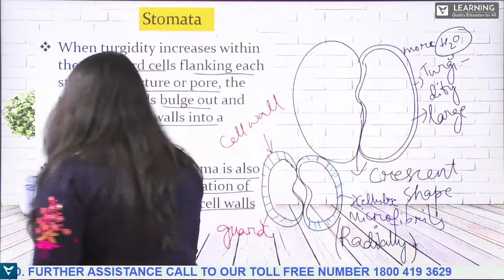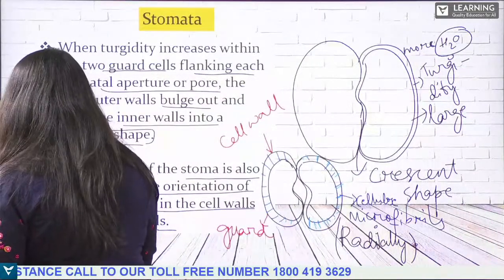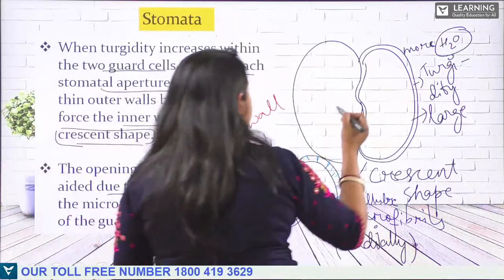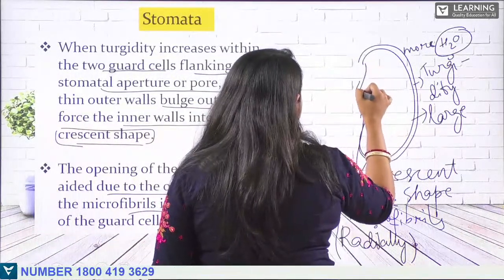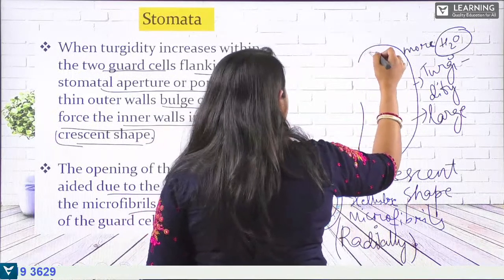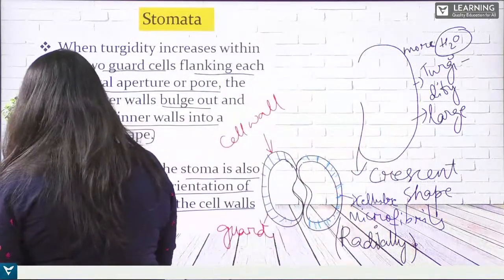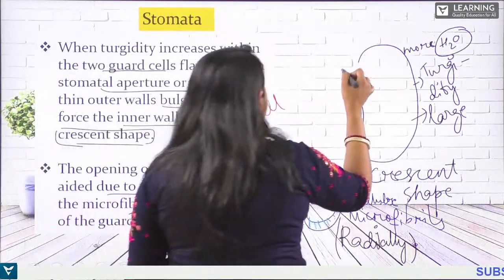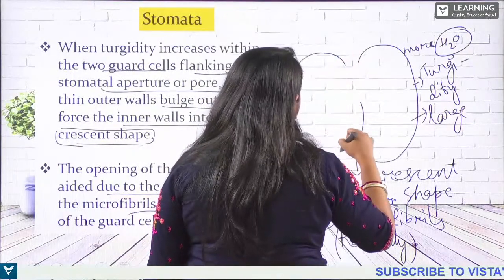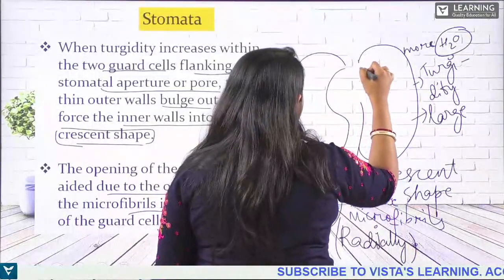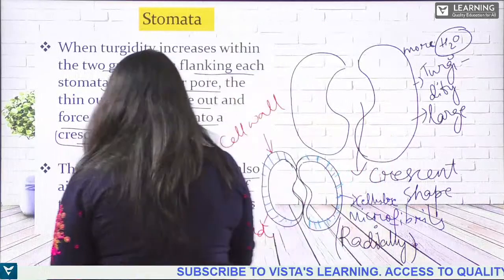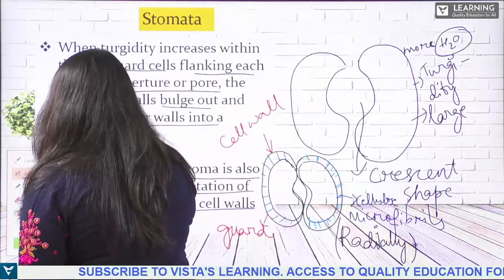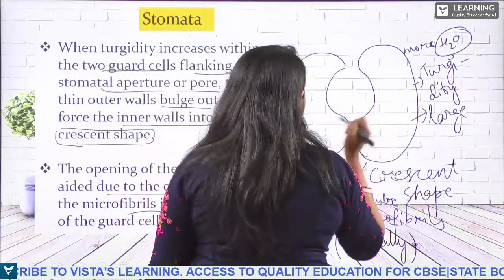So when these outer walls lose water, the inner walls come to their original shape.